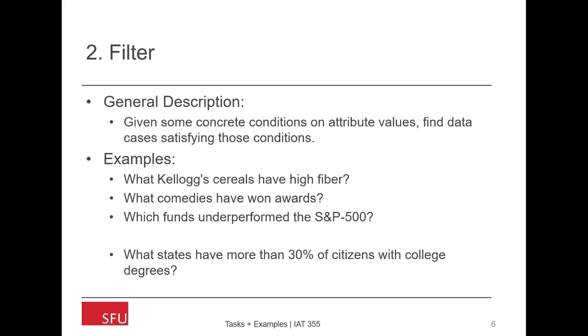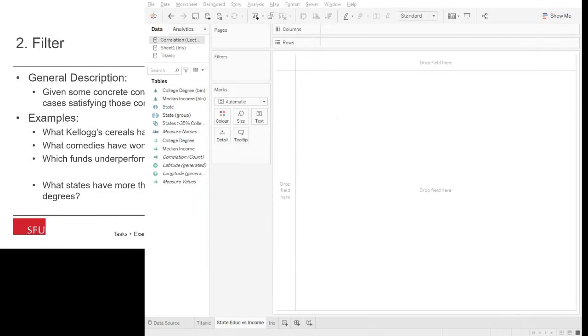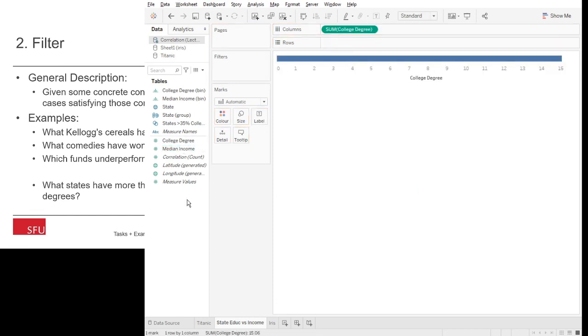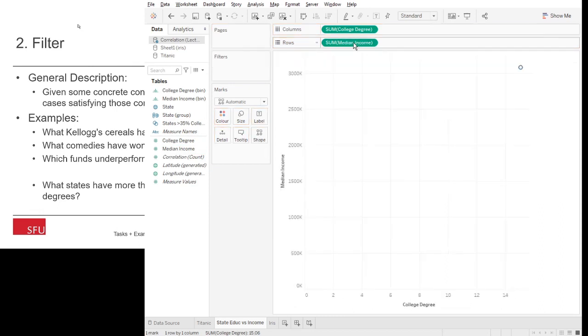So let's switch over to Tableau. And what we can see here is, as the label down here says, we have the state education versus income located right here, right? And I preloaded that data, and what I'm going to do is put the college degree thing in the columns location, and put the median income in the rows thing.